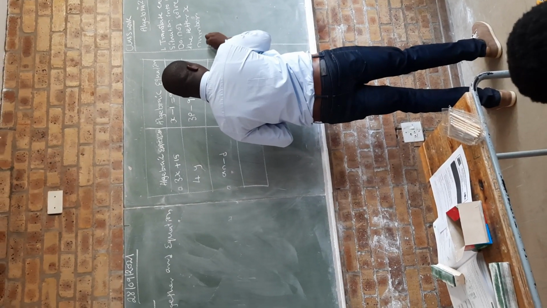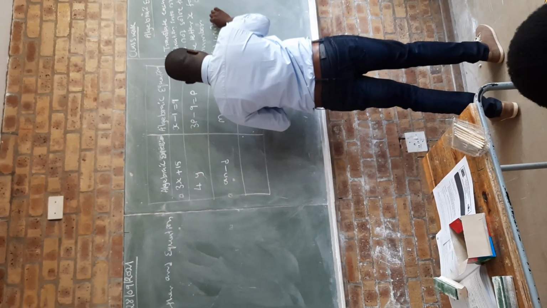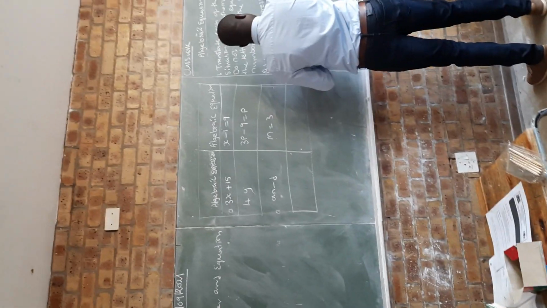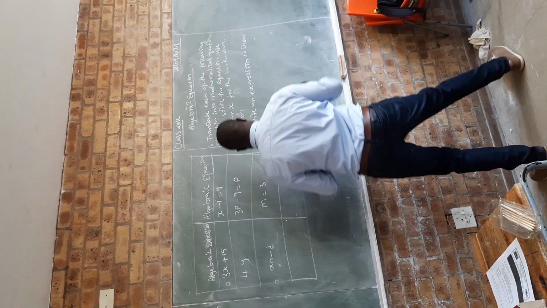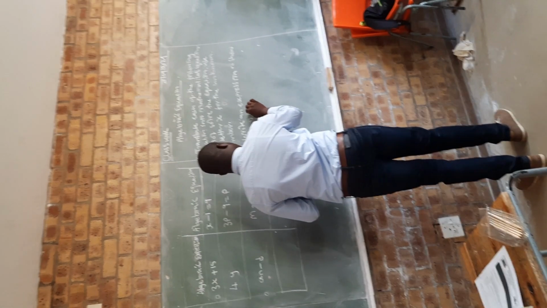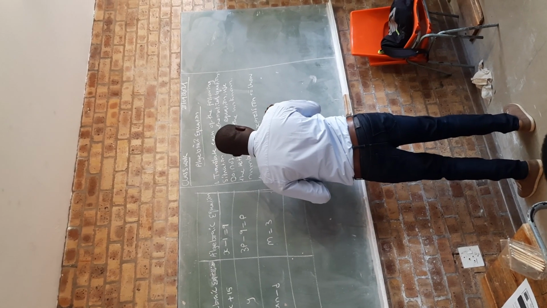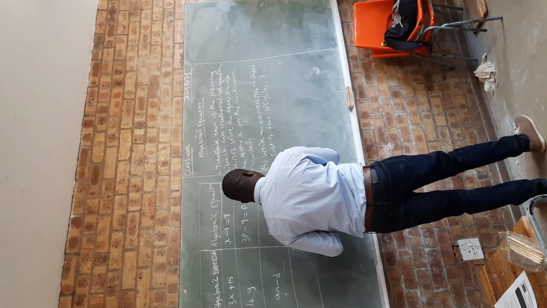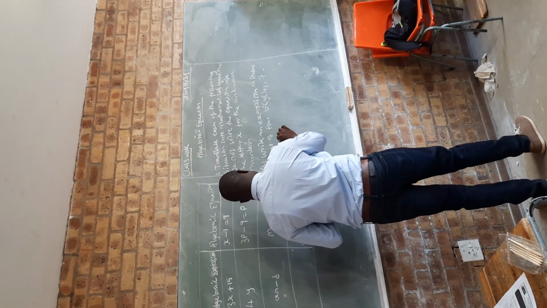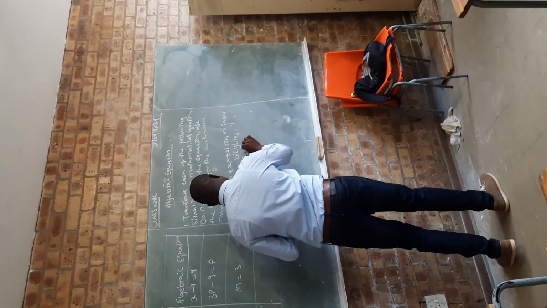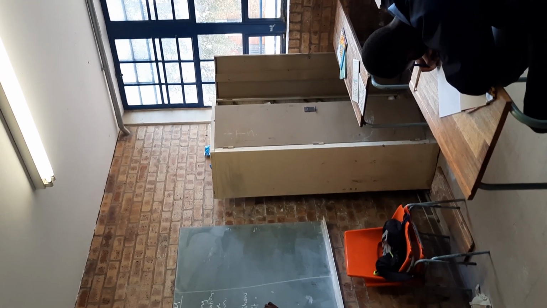For example, number A says: write an expression to show the cost of 4 bicycles. This is the word equation. It's not a mathematical equation.